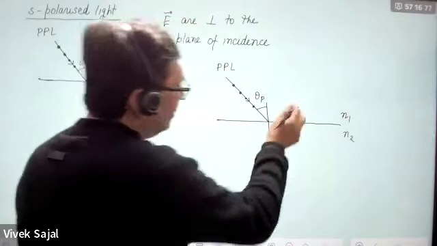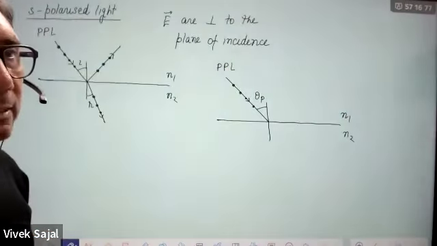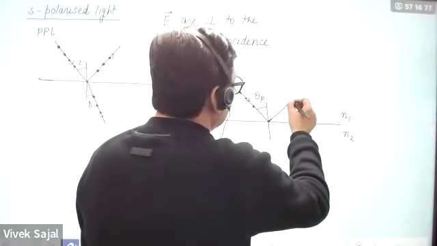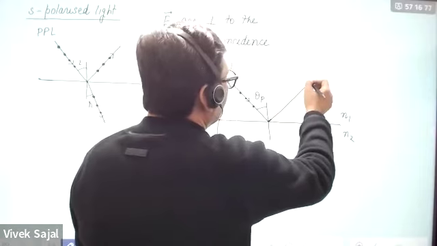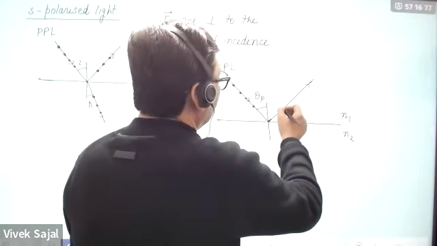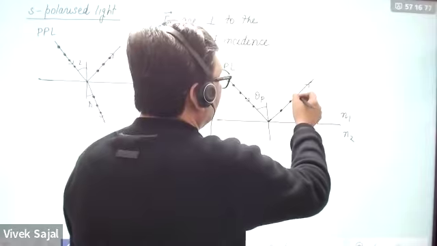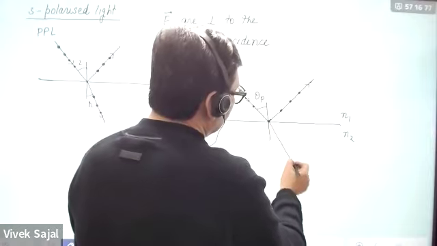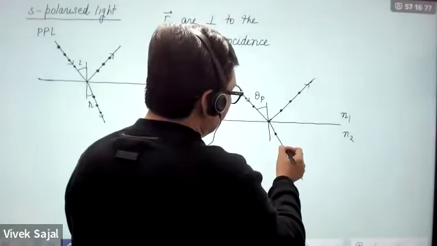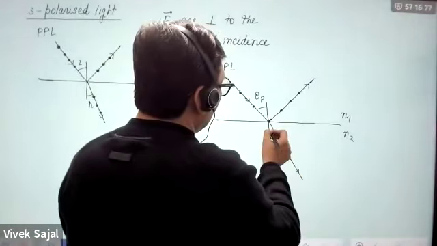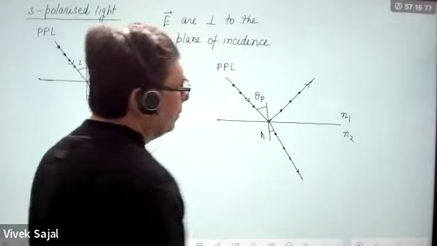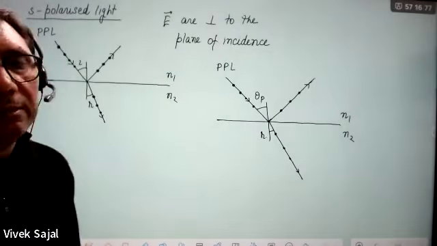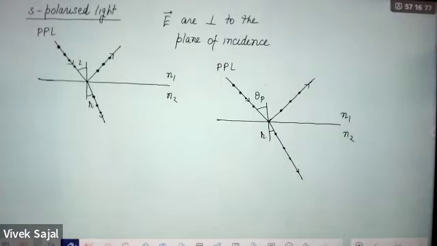It is launched at an angle of incidence equal to the polarization angle. Then in this case, if s-polarized light is there, the reflected part will be present. There will also be a transmitted part. So these are p-polarized and s-polarized light.